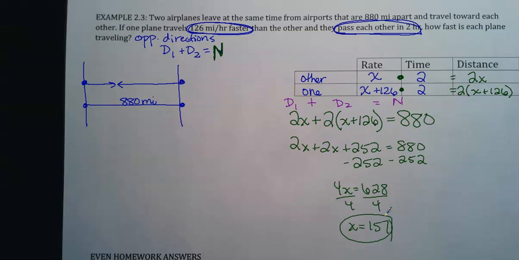All right, so that's our x, which means our rate, the other plane, went 157 miles per hour. And our one plane went 157 miles per hour plus 126, which is 283.